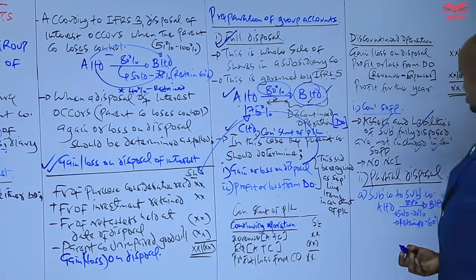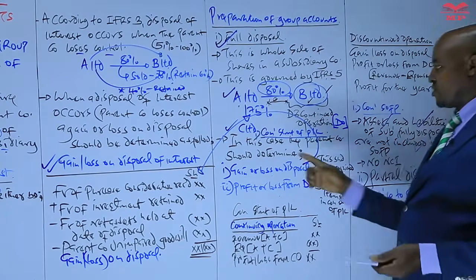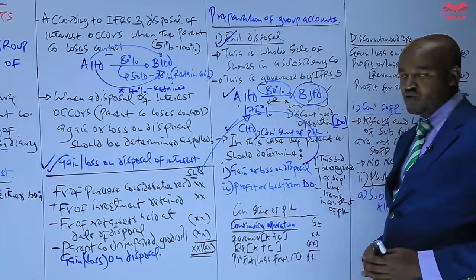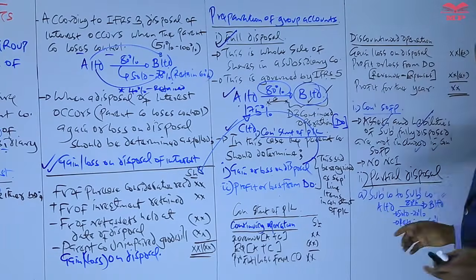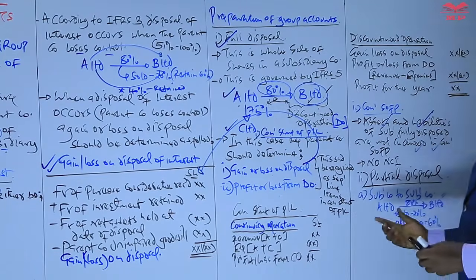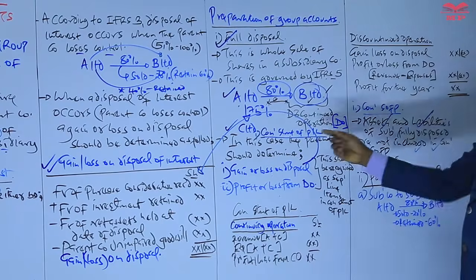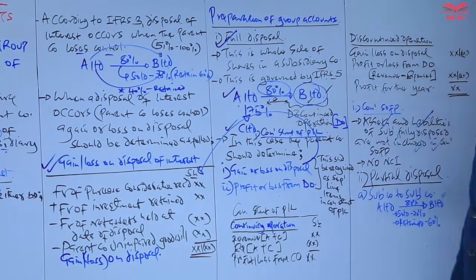So therefore you can see B Limited still remains a subsidiary. So when it comes to preparing a consolidated income statement, what you do, you take the revenue and expenses of that subsidiary, you add to that of the parent. Actually, that disposal does not have any effect as far as the preparation of the consolidated statement of profit or loss is concerned.